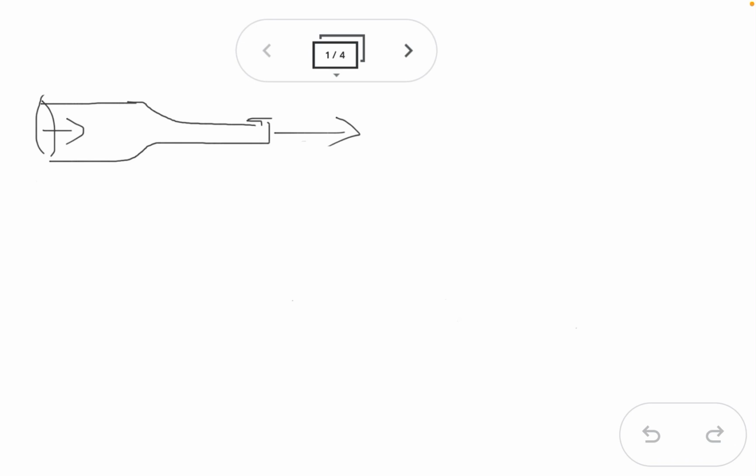The amount of volume that passes the cross-sectional area of this particular tube is known as the volume flow rate. Okay, the volume flow rate. So this is the volume of the fluid that passes through an area, or rather a section of the tube, at a given time t.